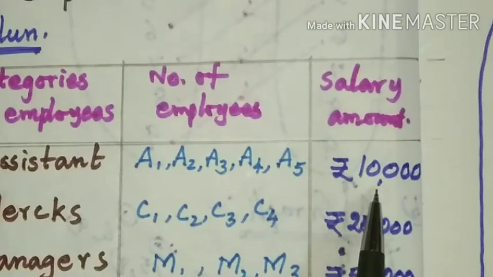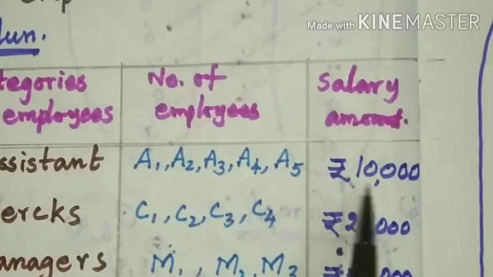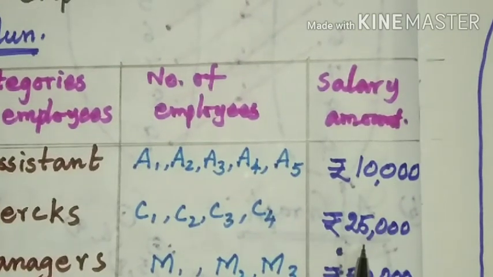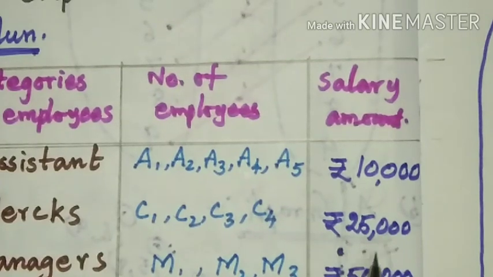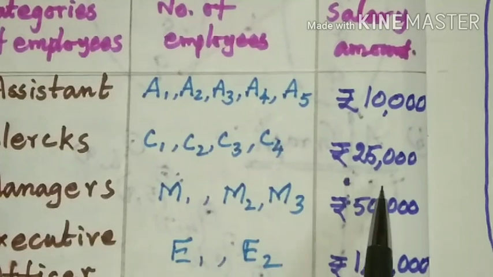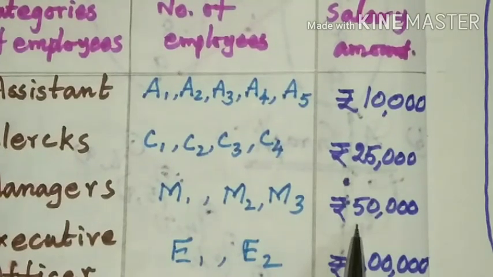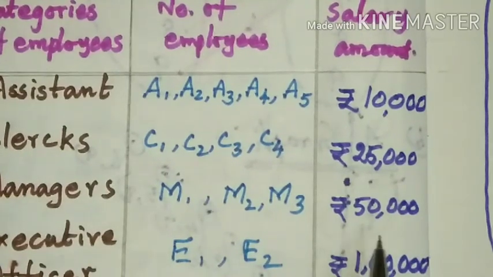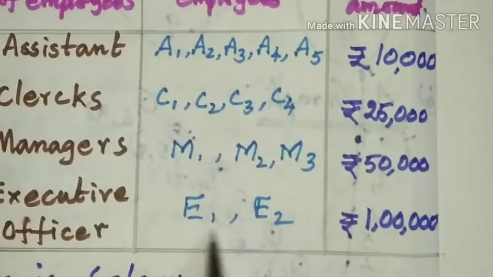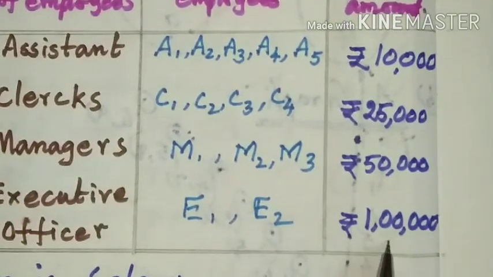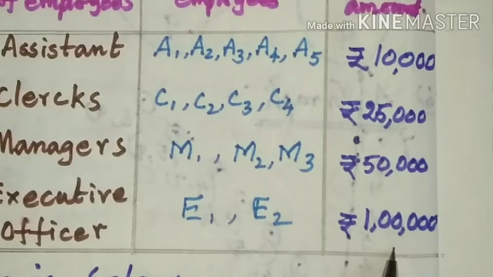For assistant each gets rupees 10,000, for clerk each person gets rupees 25,000, for manager each person gets rupees 50,000, and executive officer each person gets rupees 1 lakh.